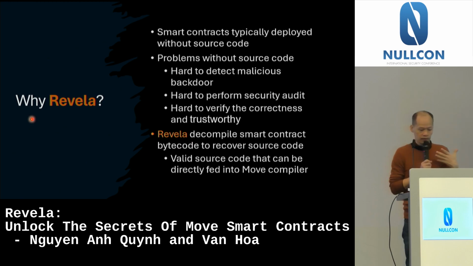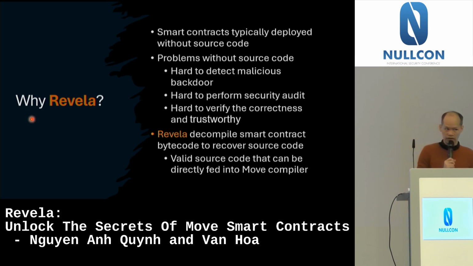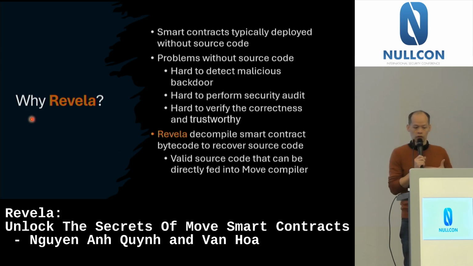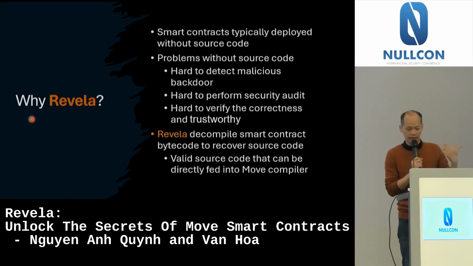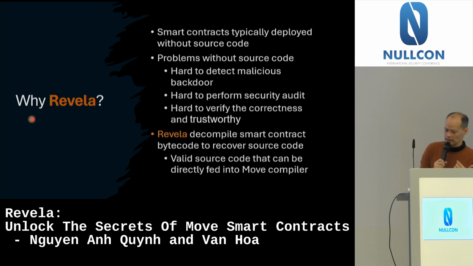Okay, so let's say we go to the Aptos blockchain, we get some smart contract, and we try to understand how the contract works. So before Revela, what we can do is feed the bytecode to the disassembler tool, and we get back the disassembly like I showed in the last slide.